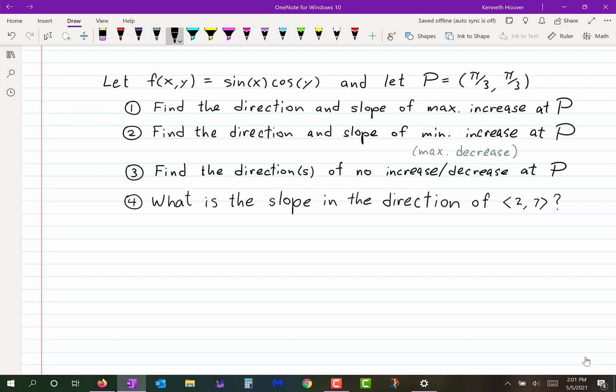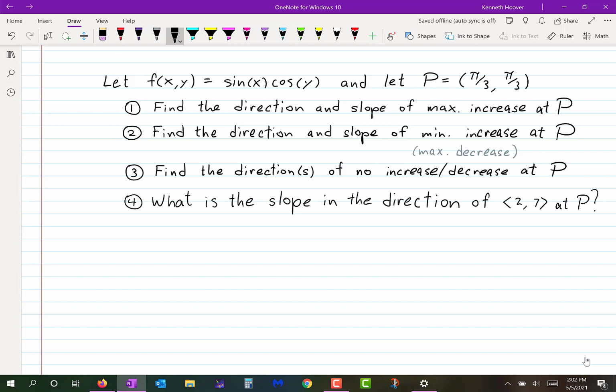Number 3, find the direction or directions of no increase or decrease. And number 4, what is the slope in the direction of 2, 7? That should technically say, like the other 3, at P.